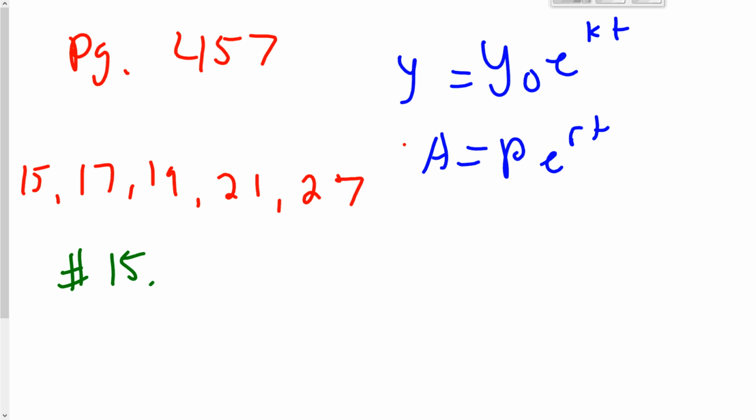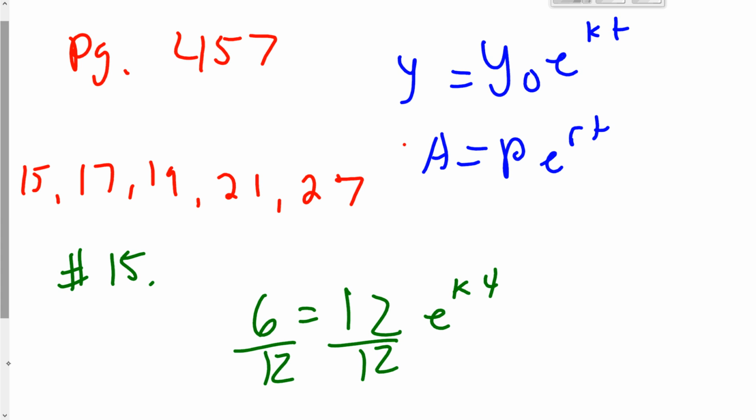Number 15. You have 12 grams of radioactive substance present initially, so that's an initial 12 grams, and we only have 6 grams remaining in 4 years. We don't know our k, so we're trying to find our k, and then once we find it, we can write our equation. So this is finding the half-life, right?